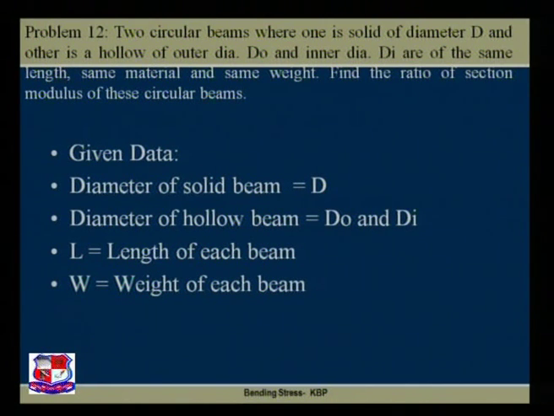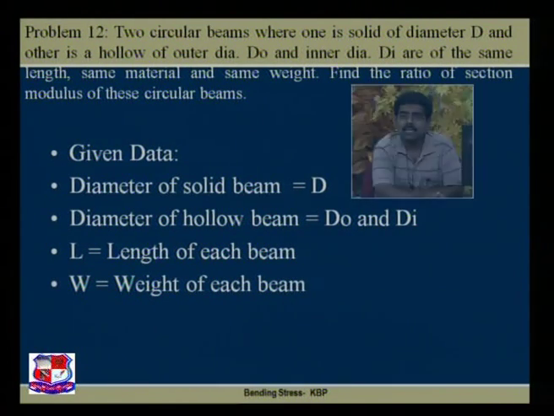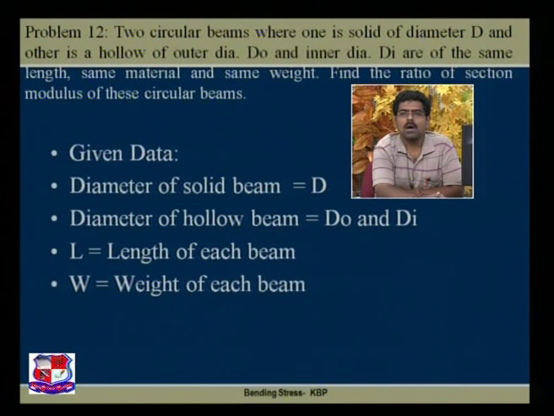So, now let us come to the next given problem. Two circular beams where one is solid of diameter capital D and the other is hollow of outer diameter DO and inner diameter DI are of the same length, same material and same weight.